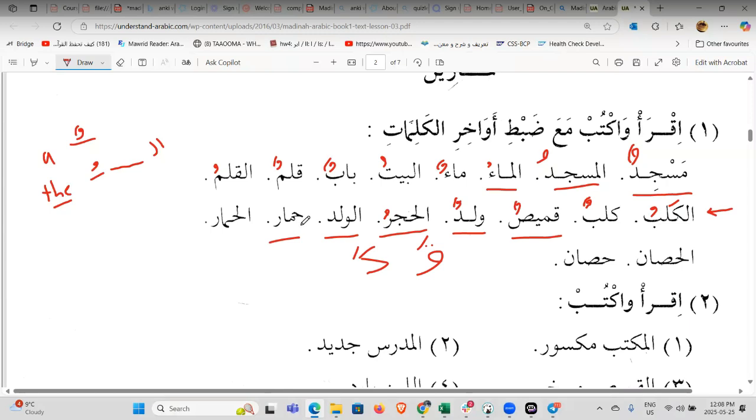Next one. Himarun. So this is a donkey. And then this is Al-Himaru, the donkey. Okay. There's one more.